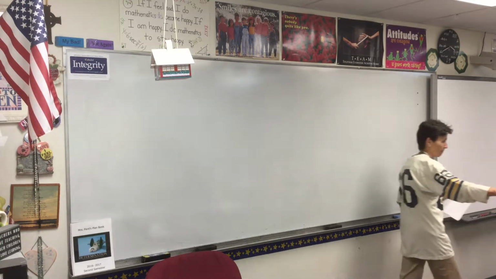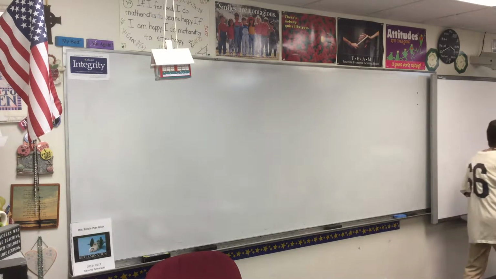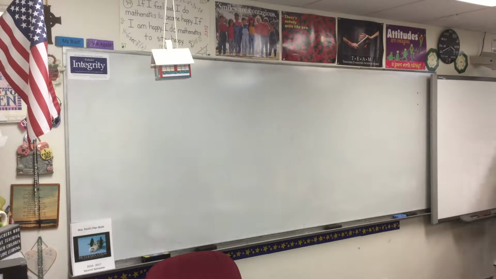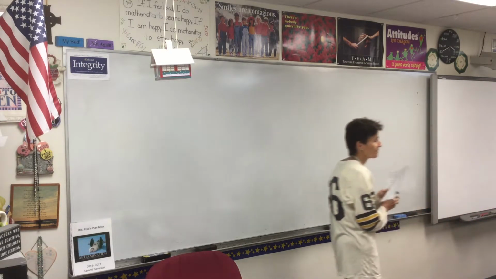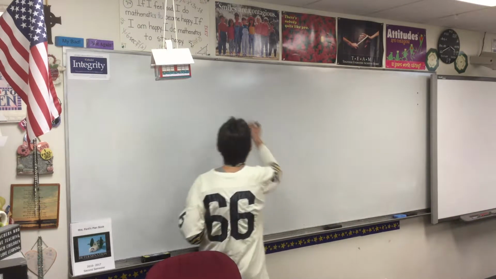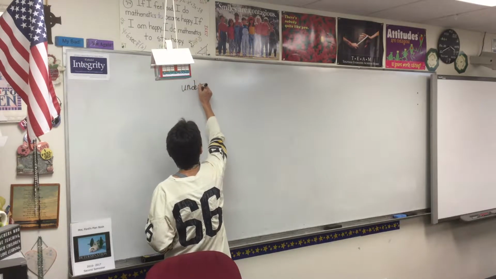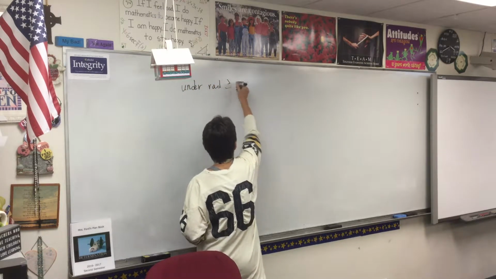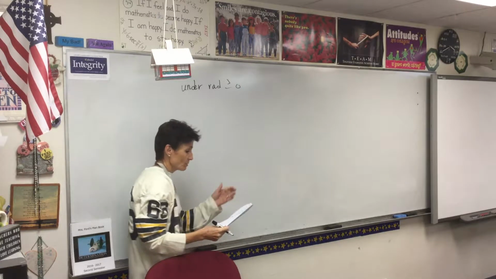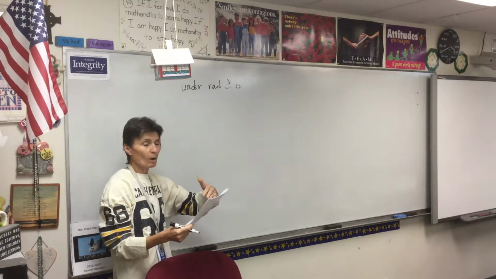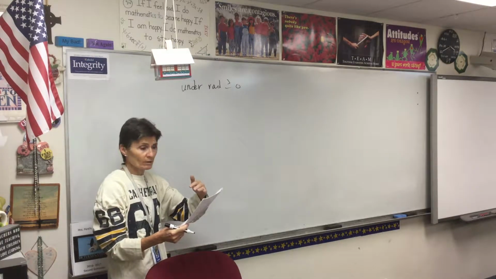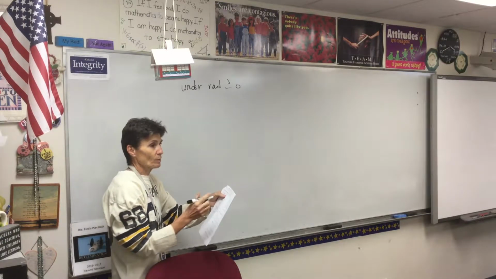The first one you have to have is radical. If there's a radical in the problem, whatever is under the radical has to be greater than or equal to 0, right? So the first thing you might do is just look down through the problems. Do any of them have radicals? Yes, the first one does.